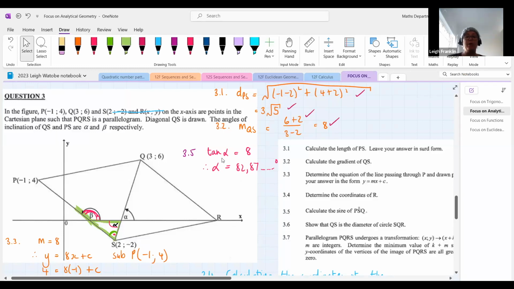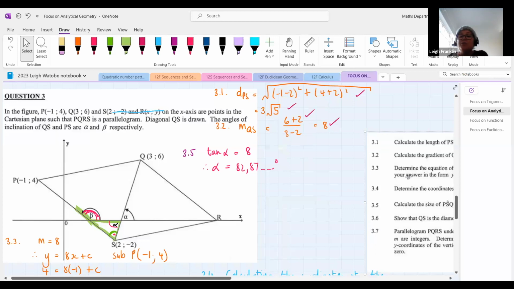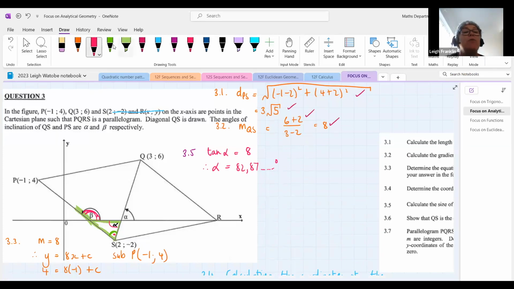Then I want to work out beta. Here, beta is the angle of inclination of a line with a negative gradient, so I'm going to have to do what we were talking about in the previous question, where I would have to calculate the PAA, or the reference angle. So we have tan beta, the gradient of line PS, which I don't think we've calculated.